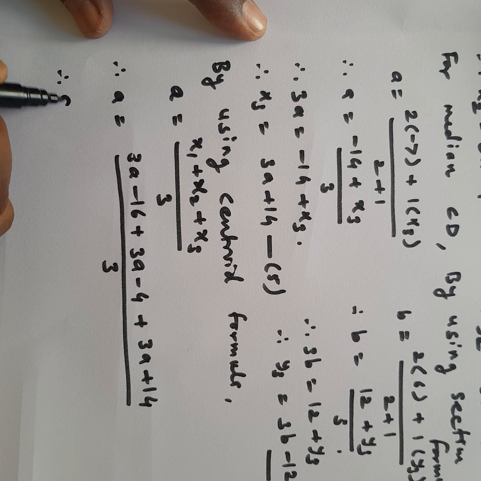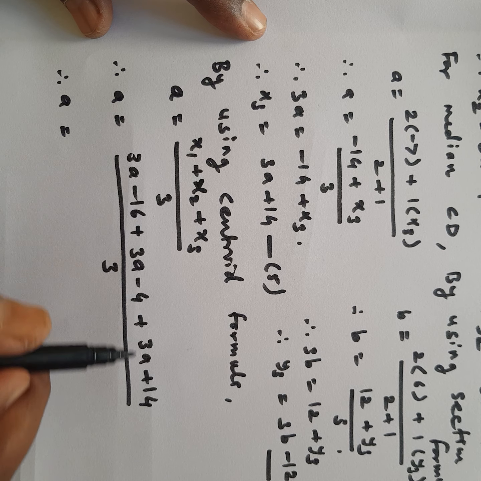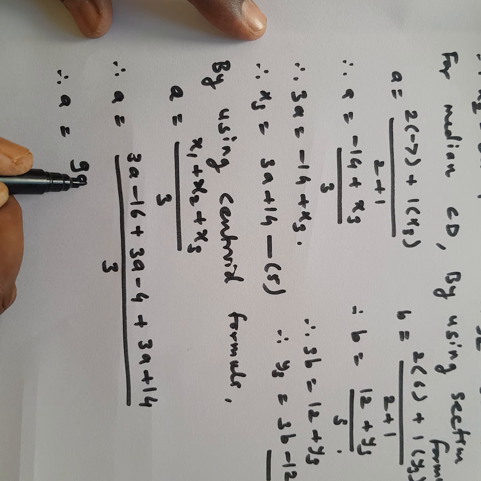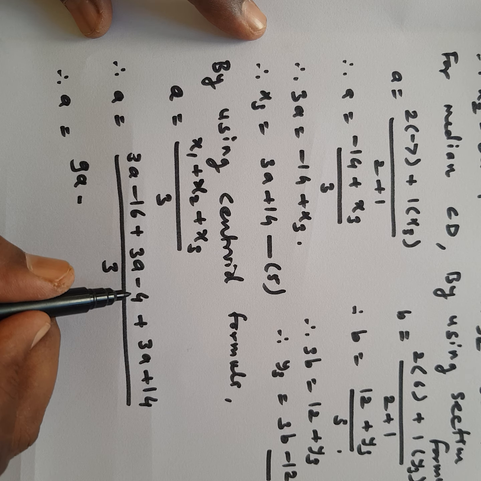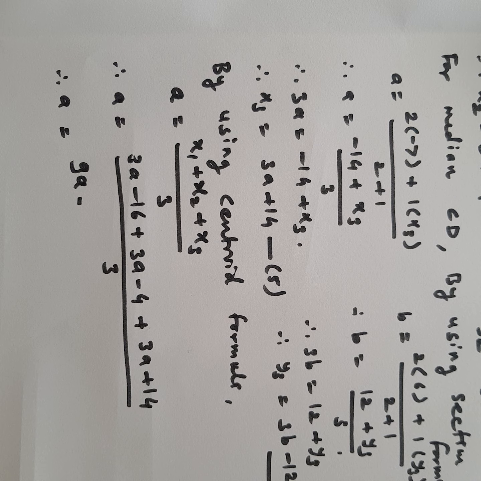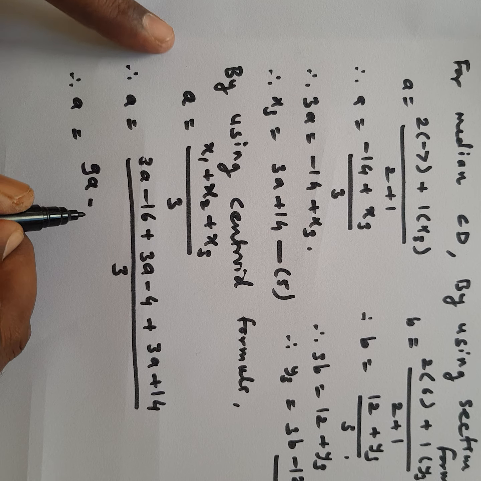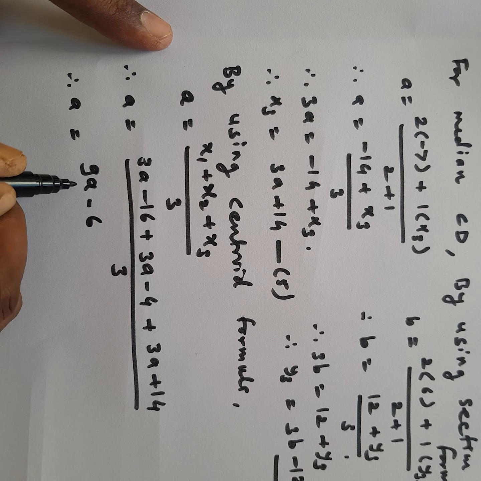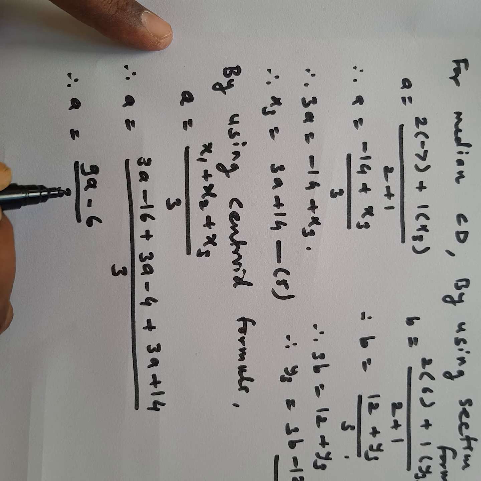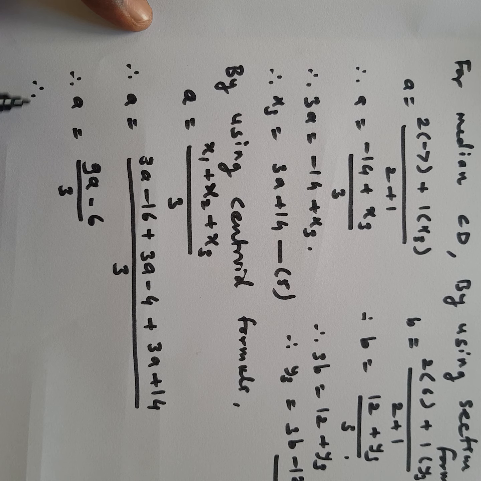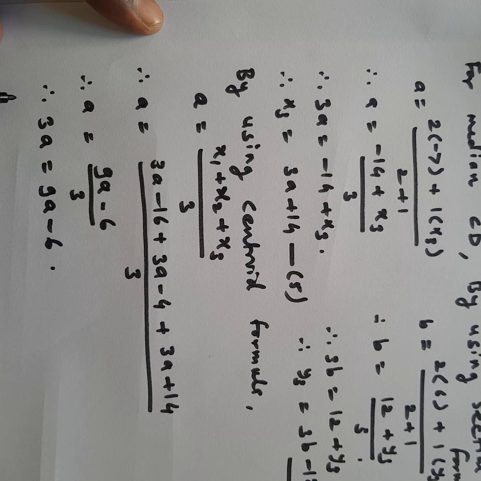Therefore a is equal to (9a - 16 - 4 + 14) upon 3, that is (9a - 6) upon 3. Therefore 3a is equal to 9a minus 6.